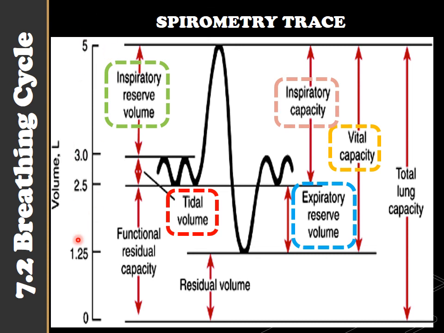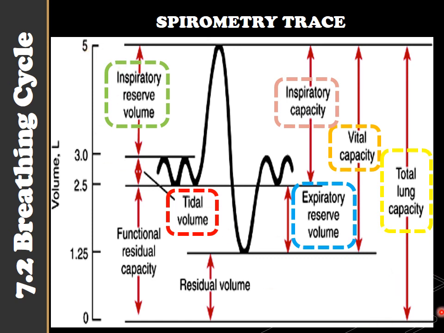Now you don't memorize these numbers because in the exam they may give you a spirometry trace of a healthy person, or they may give you one of an unhealthy person. So the numbers will change. So you just need to know how to identify and calculate. Now I continue. You see the vital capacity is 5 minus 1.25 liters, but the total lung capacity is 5 liters.